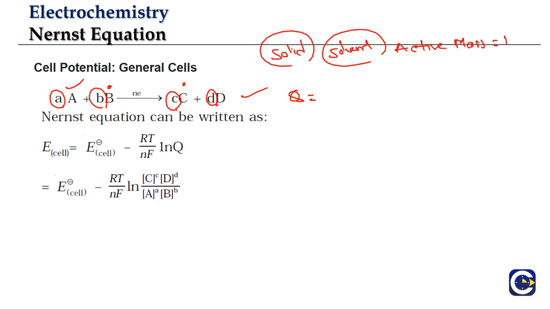So the Q value will be C to the power C, D to the power D, divided by A to the power A, B to the power B.